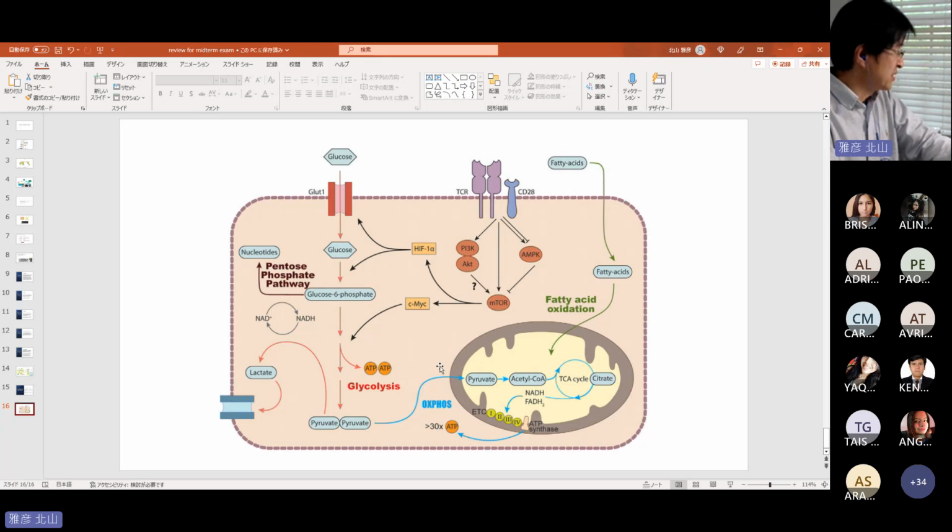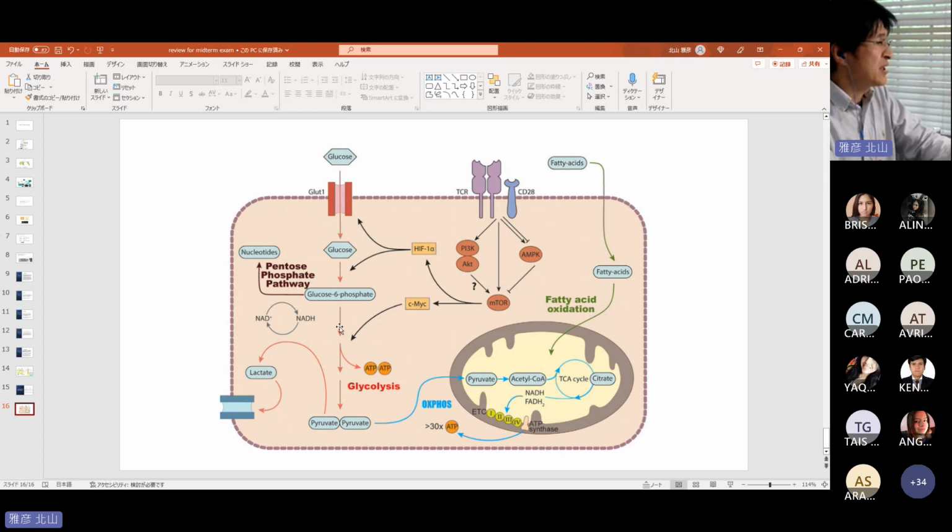This is the slide showing the localization within the cell. So this shows the cell. And glucose enters the cytoplasm through a protein.